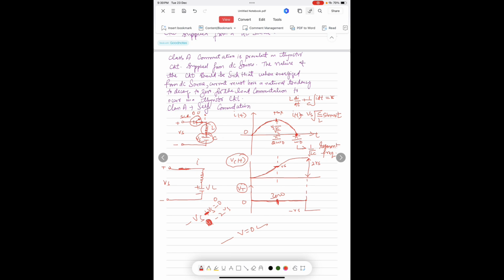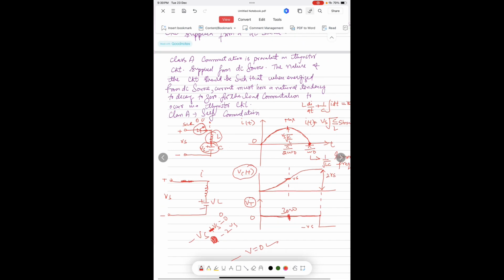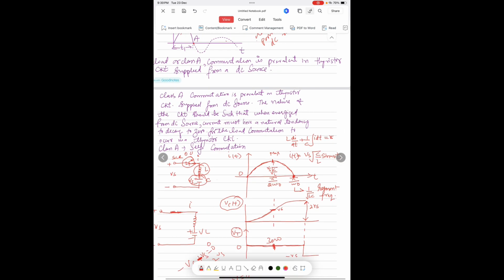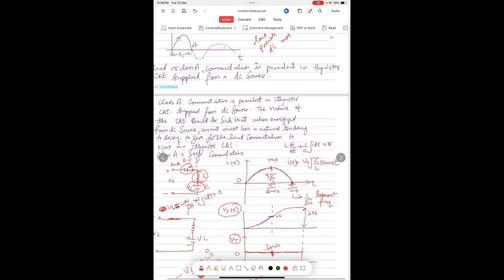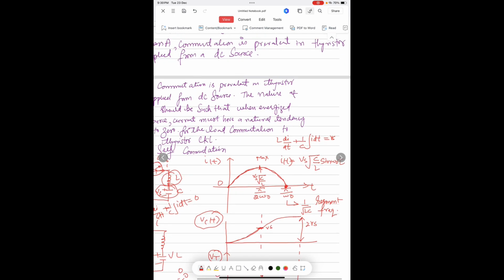Then if we apply KVL here, what equation do we get? We get minus Vs plus L di by dt plus 1 by C integration of i dt equal to 0. Taking Vs to the other side because it is minus, it becomes Vs equal to L di by dt plus and so on.